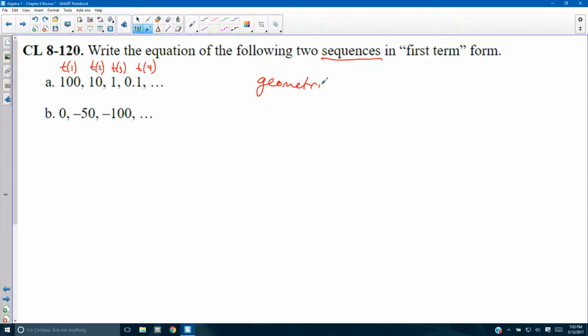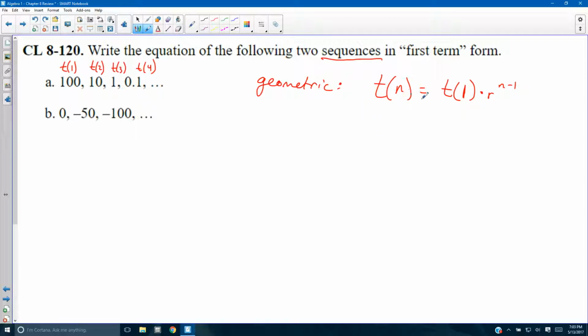We could describe any geometric sequence with the following formula. To find the value of term number n, I take the first term and multiply it by some common ratio. I do this one time less than the term number I'm looking for.